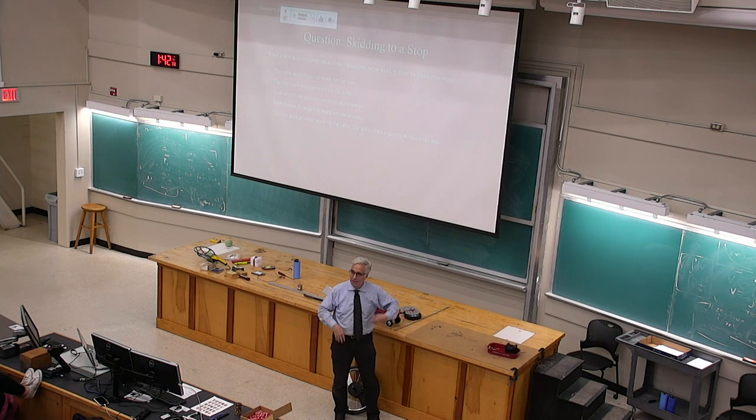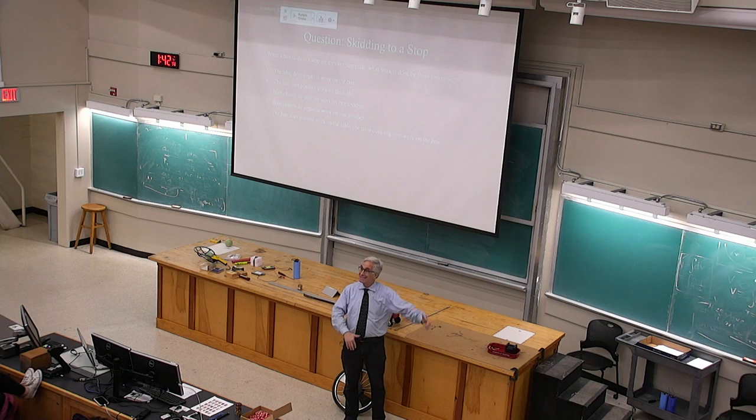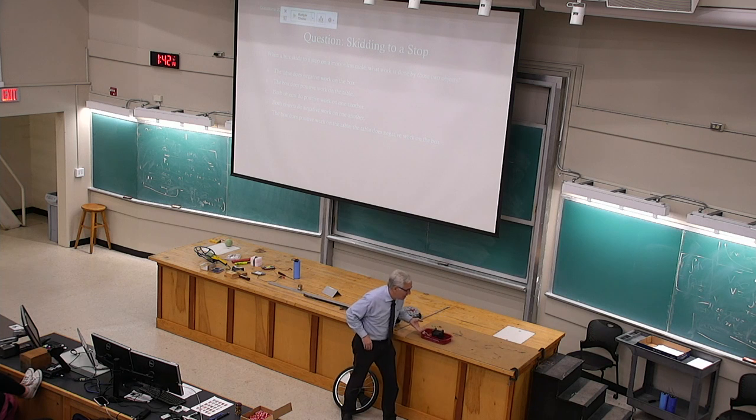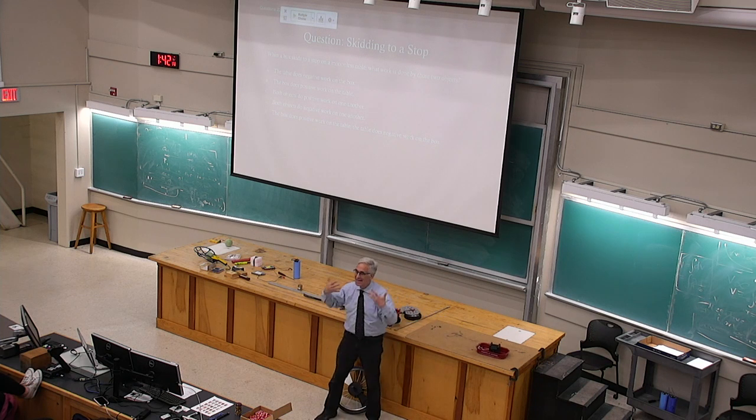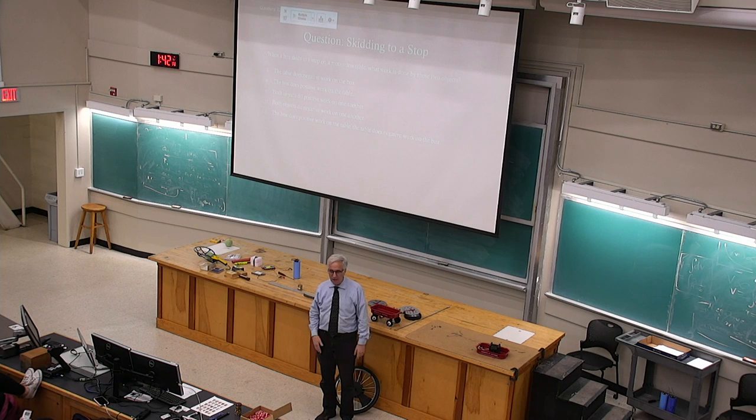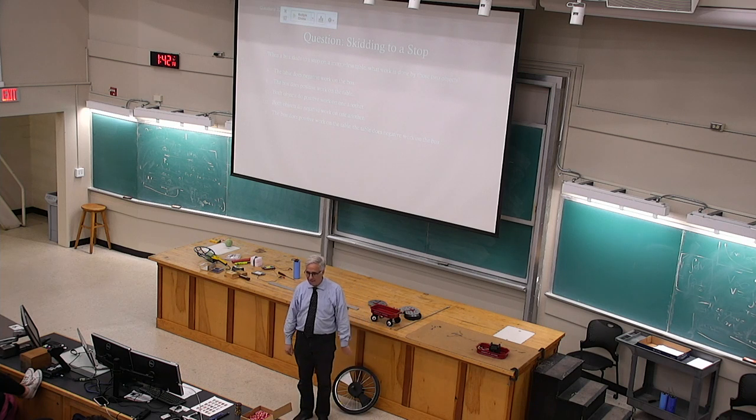I pushed it to the right as it moved to the right. The table pushed it to the left as it moved to the right. It did negative work on it, sucked the energy out of it. So I put the energy in. You could see it in the form of the motion of the box, its kinetic energy. And friction sucked the energy out, did negative work on it, and you could see it in the loss of kinetic energy. Where did the energy go? It's thermal energy. All right? So what's thermal energy?